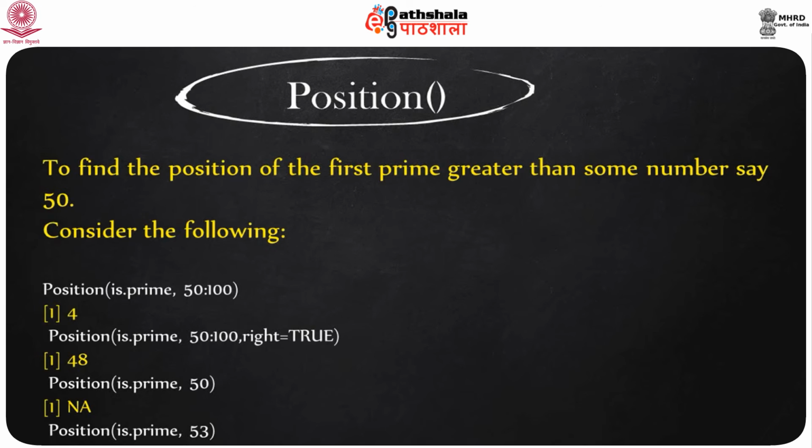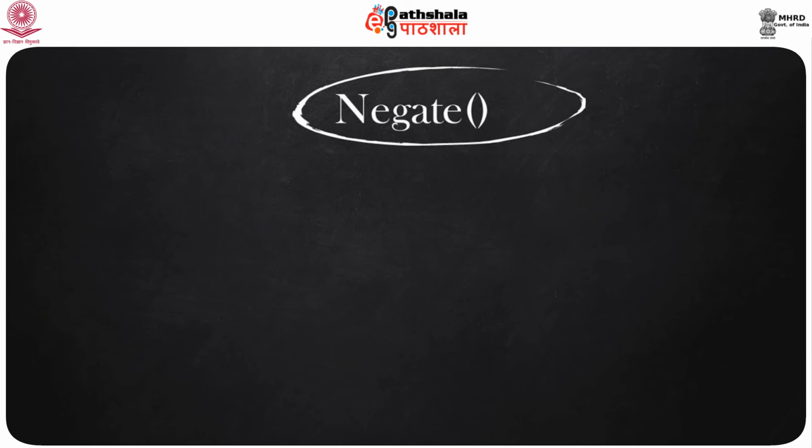Hence, we are having 48 here. Again, since 50 is not a prime, the position is given as not available. And if we consider the prime 53 only, then 1 is shown as the output, although it does not make much sense here.